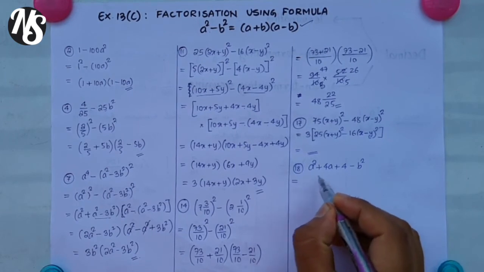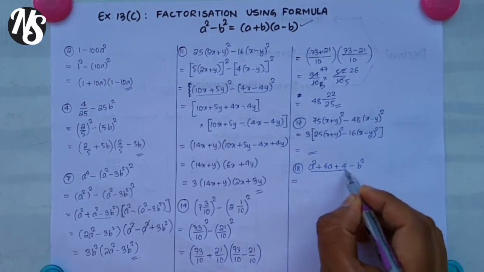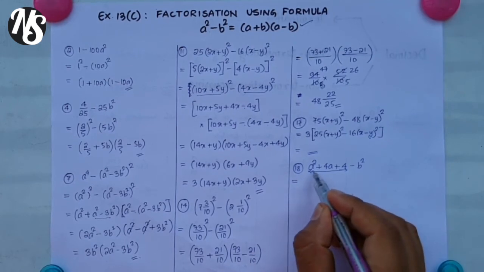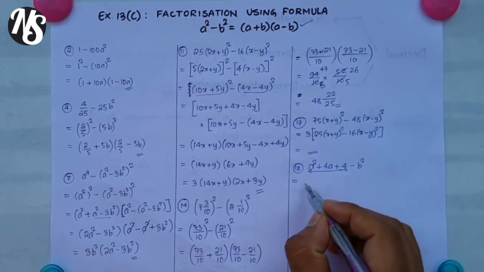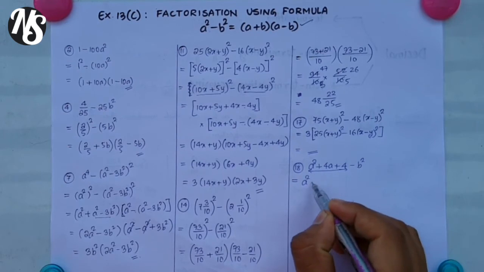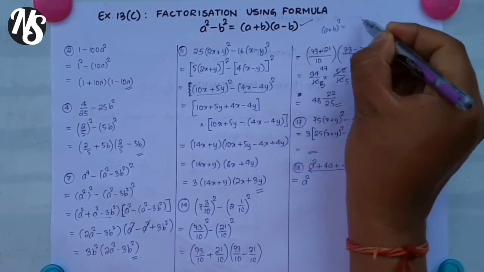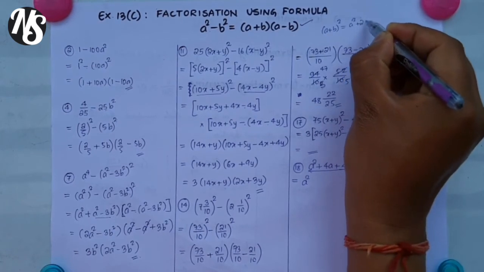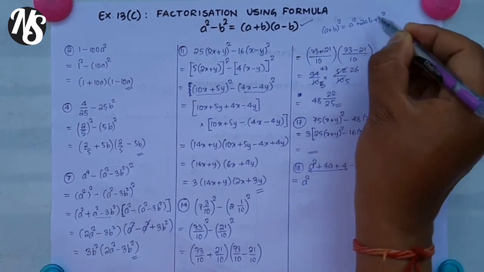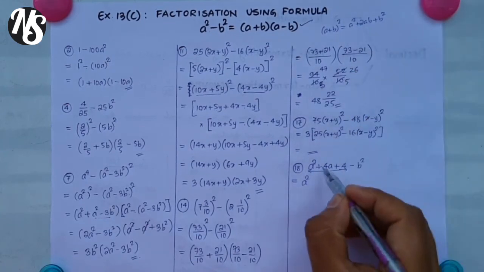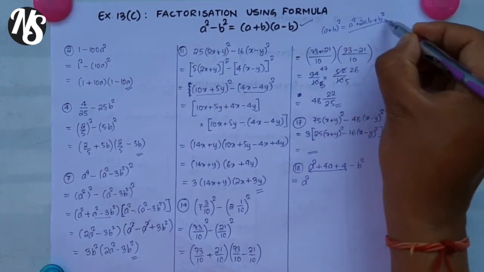So here what you need to do is look at this much. You have to express this as a perfect square. How to do that? Let's see. Remember the formula: (a plus b) whole square is a square plus 2ab plus b square. Whatever I have underlined here, I'll express in this way.